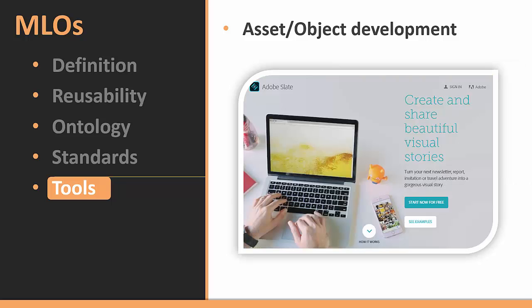Another new authoring tool on the scene here is Adobe Slate, which allows you to create HTML5 compliant content, and it scales responsively to lots of different devices. It basically is a web application that allows you to develop interactive slideshows with multimedia content, very sophisticated, very impressive.